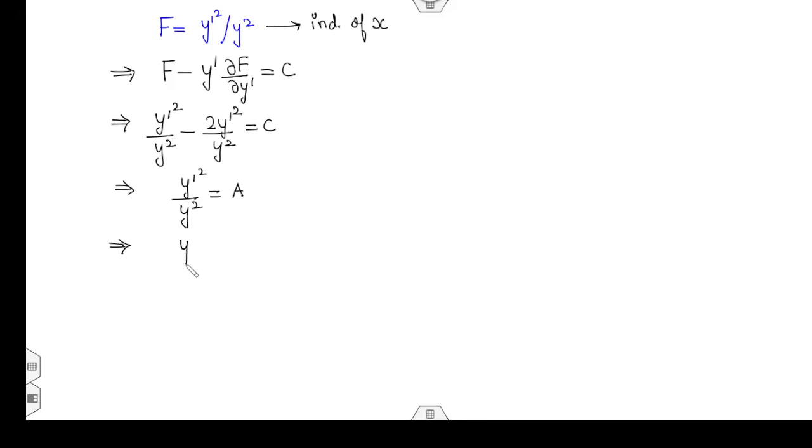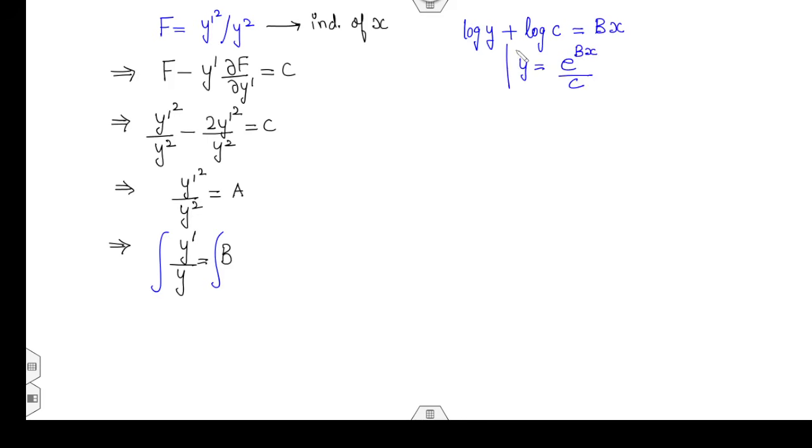So I can take the square root: y prime divided by y is root a. Root a I call a constant b. Now you can integrate them. That expression becomes log of y plus log of a constant c equal to bx. So the value of y becomes e raised to power bx divided by c.